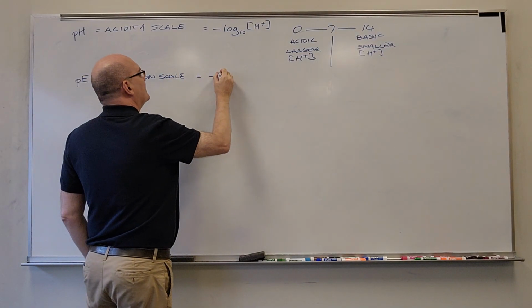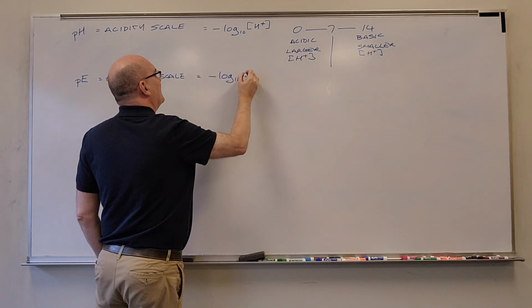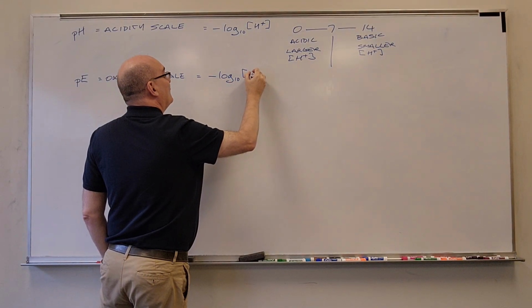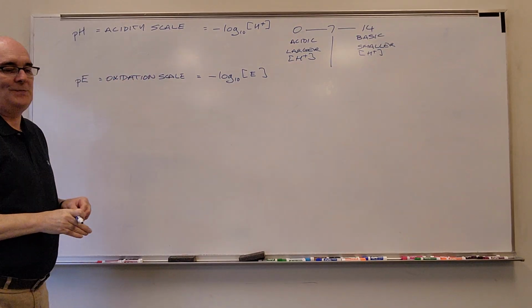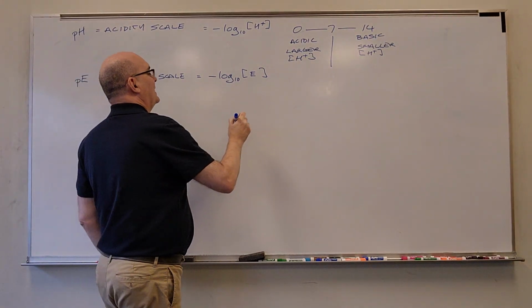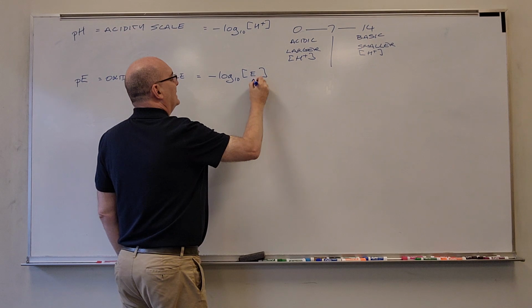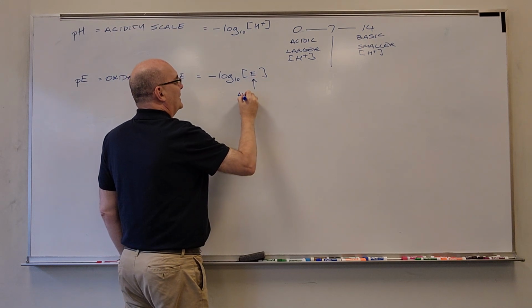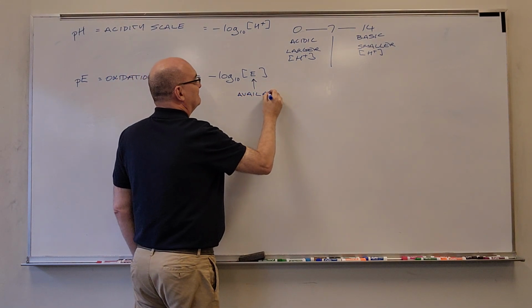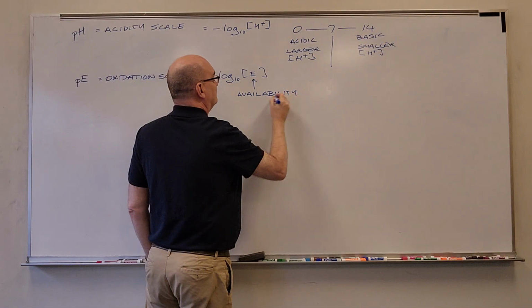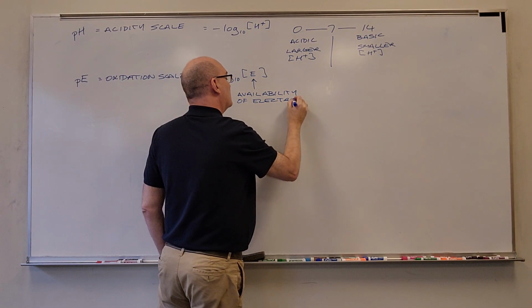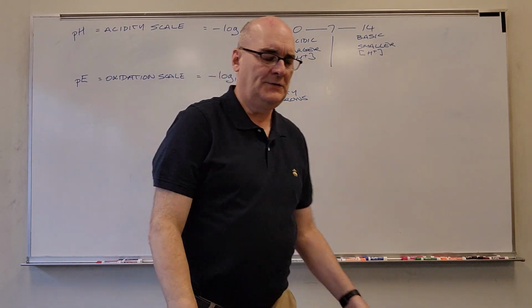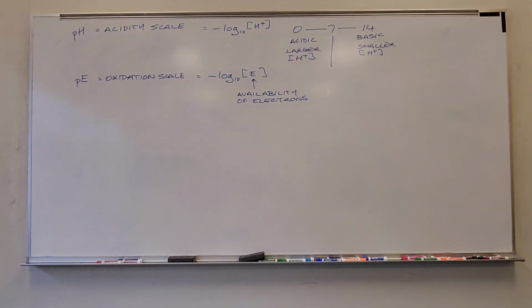Where this is just the negative log to the base 10 of the available potential, the electrode potential, that says what the availability of the electrons is. And this gets to be quite useful.